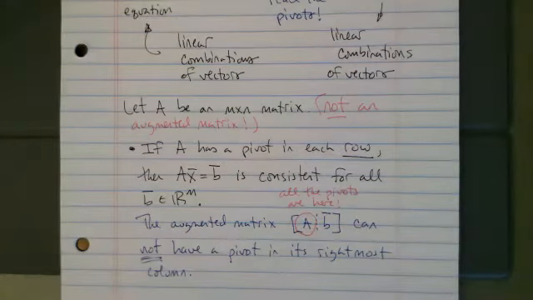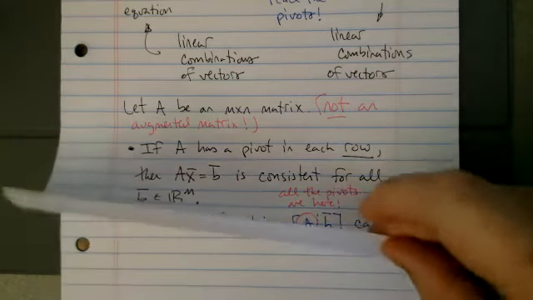So when we say that AX equals B is consistent for all B in Rm, we're using equation language because we're talking about an equation and being consistent. Another way we can say that is that the columns of A span Rm.